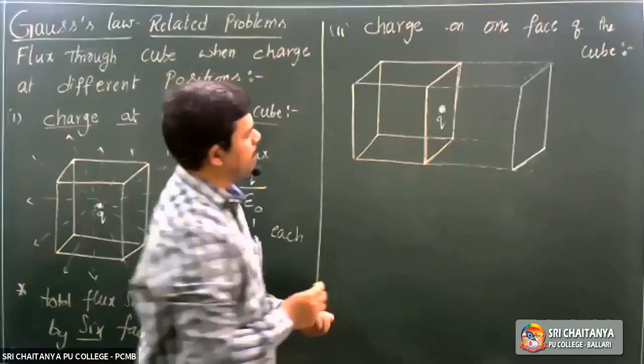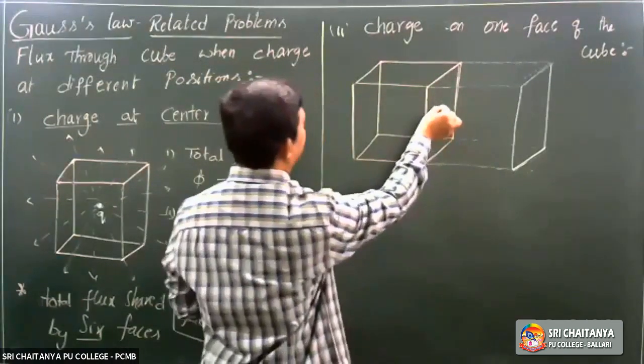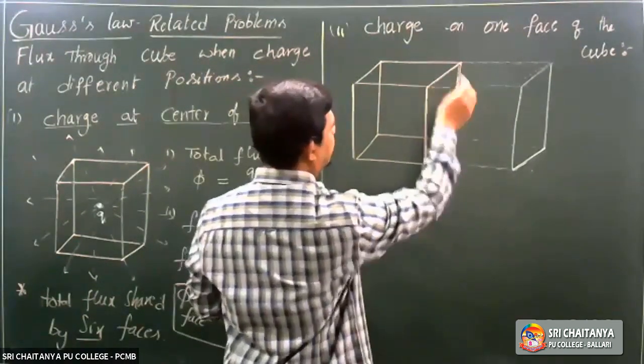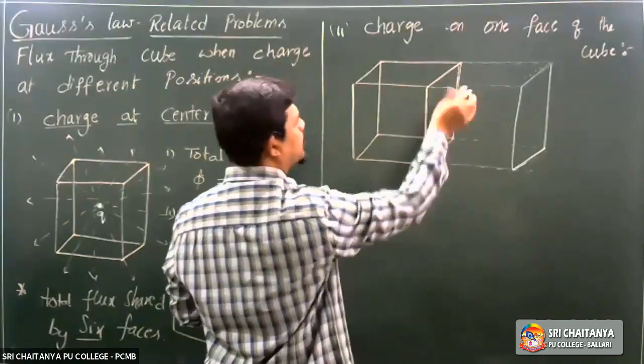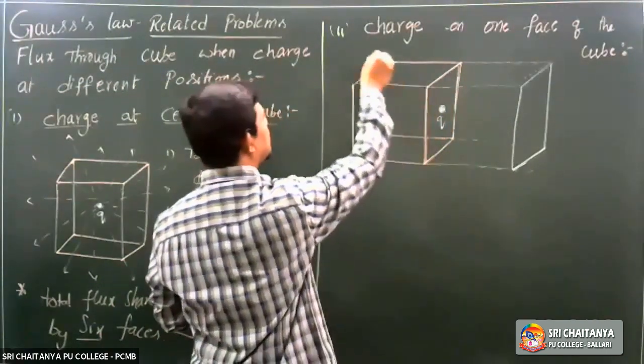Simply you can say, whenever flux comes out, it is enclosed by two cubes.